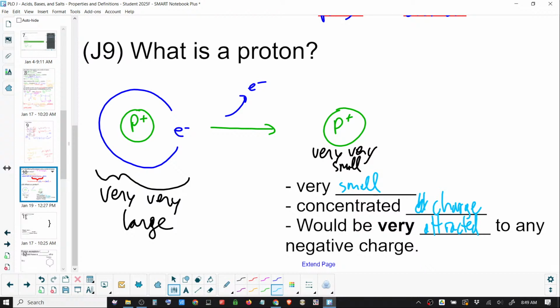And it's going to be very, very attracted to any negative charges. Concentration can do a lot of things with force. If you take a very small amount of force and concentrate it into a small area, you can create a lot of damage. If you take a lot of force and expand it over a large area, you can dissipate that force and it won't do very much damage at all.